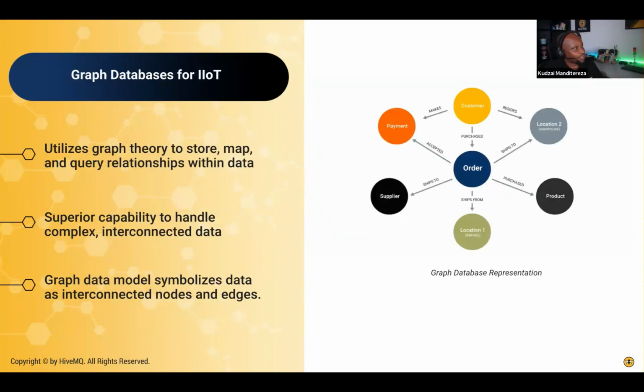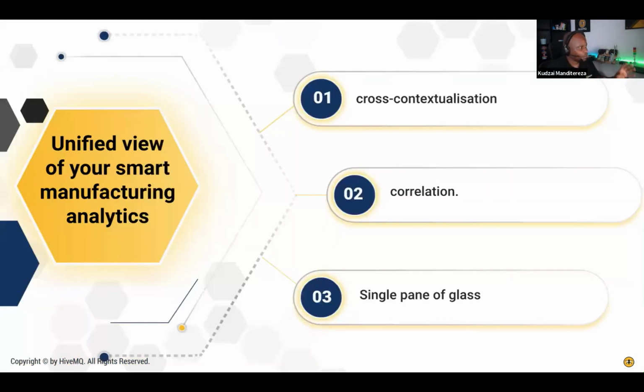Then you've got graph databases, which are a way of showing relationships between different machines. In most cases, you find your way to using all of these different databases and then creating a unified view, or what you could call a single pane of glass, whereby your time series database references your structured database, and graph databases show the connections.